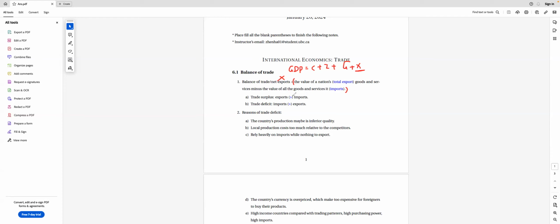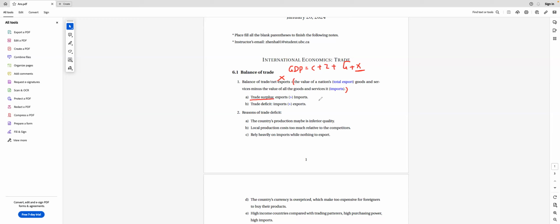If exporting is greater than importing, like foreigners demand a lot of things made by your country and the residents in your country demand a lesser quantity of goods and services made by foreigners, then by applying this formula we get a positive result. If you get a positive result, you have something called a trade surplus.